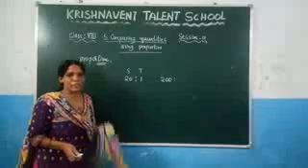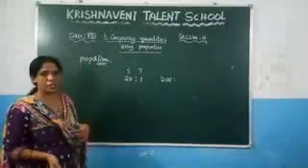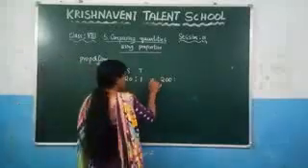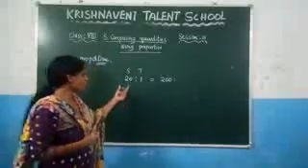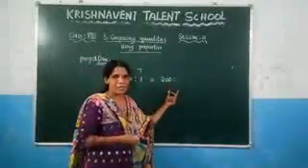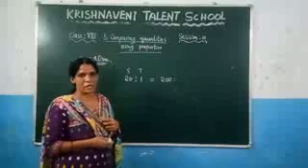So, if you are getting a question like this, based on this question, you can observe that these two ratios are equal, right? So, based on this result, we are going to find this result such that these two ratios are equal.